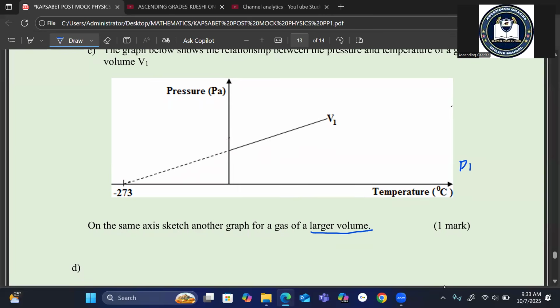From PV equals nRT, even though this is not of our level, if we make P the subject, it is given by nRT over V. So if we increase the volume, we expect the pressure to be reducing. If we have our volume 2, which is greater, then we expect the pressure to decrease. So we can have a graph of reduced pressure like this.